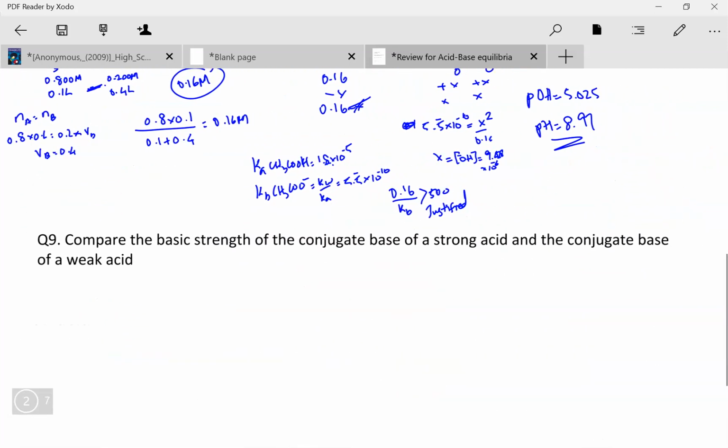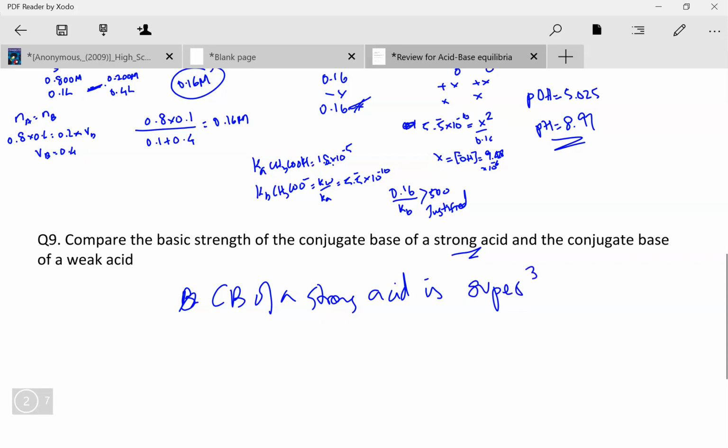Compare the basic strength of the conjugate base of a strong acid and the conjugate base of a weak acid. The conjugate base of a strong acid is super weak. Example, Cl minus, and you can say it does not react with water.